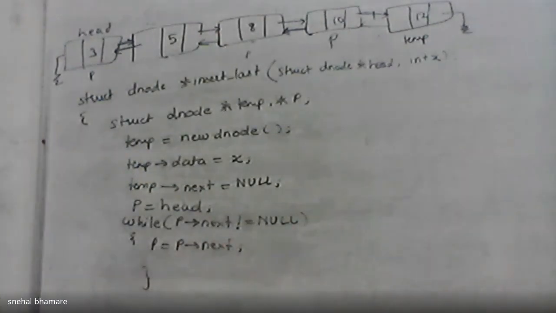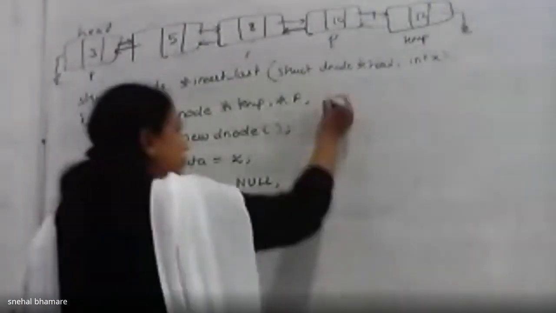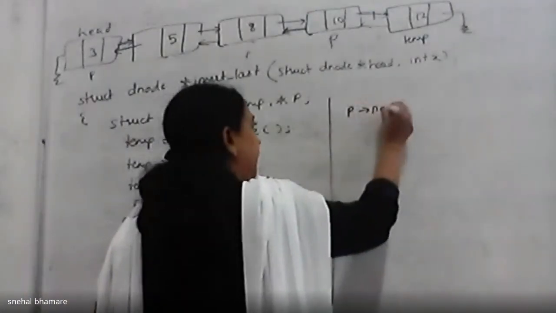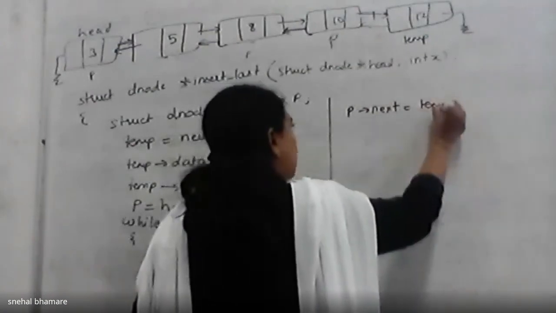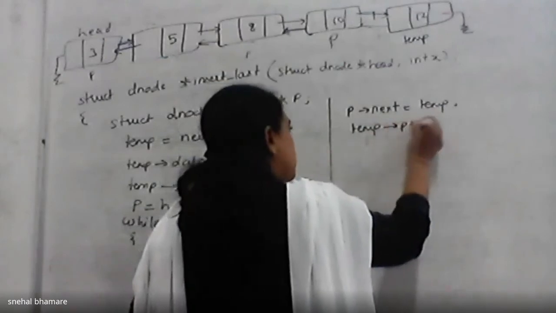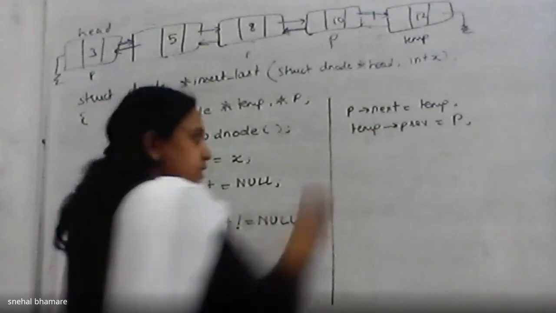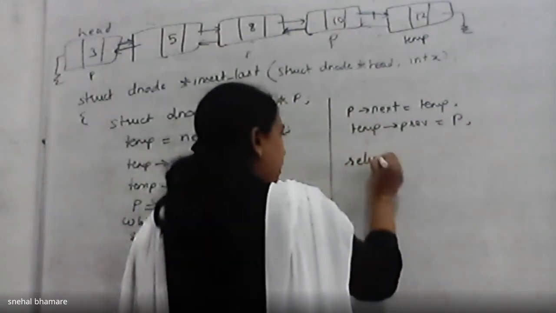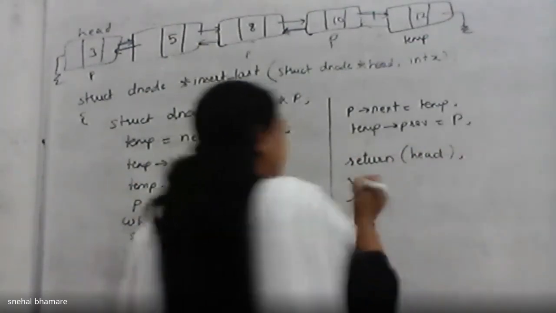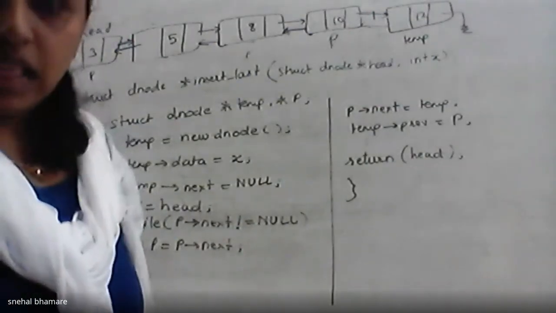Once it has reached the last location and the while loop is complete, p next is equals to temp, temp previous is equals to P. Okay, once that is done, return head to the calling function and complete the function. Got this? Insertion at the last.